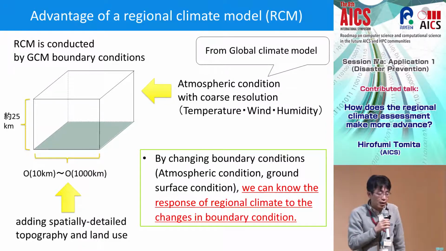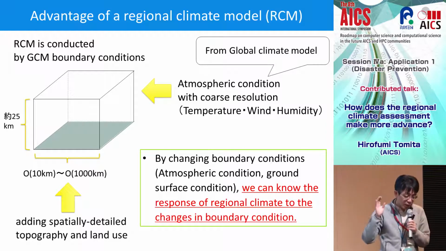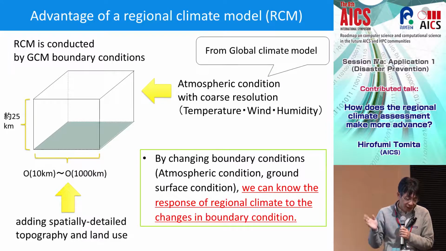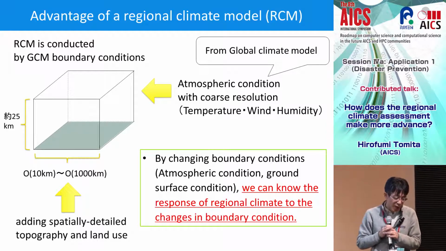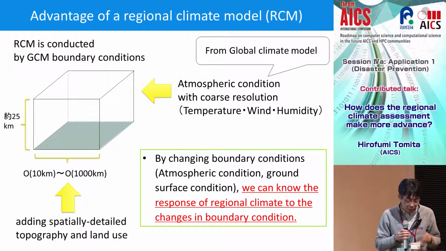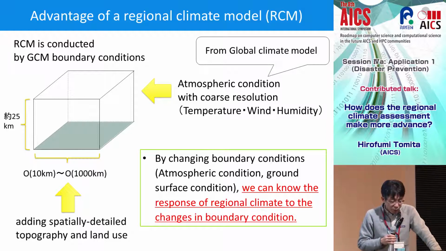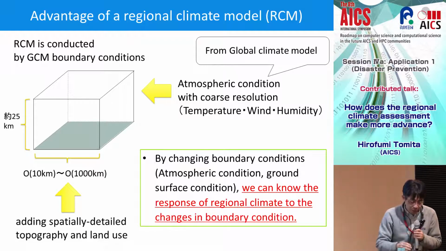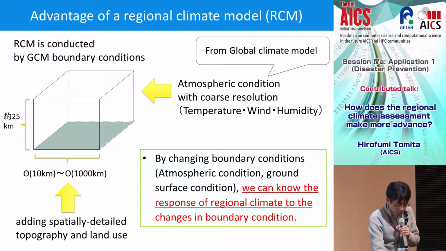And with RCM, we conduct the simulation with this GCM boundary condition, adding spatially detailed topography and land use data. So by changing the boundary condition, we can know the response of regional climate to the change in boundary condition. Okay. This is the merit, the advantage of a regional climate model over the GCM.